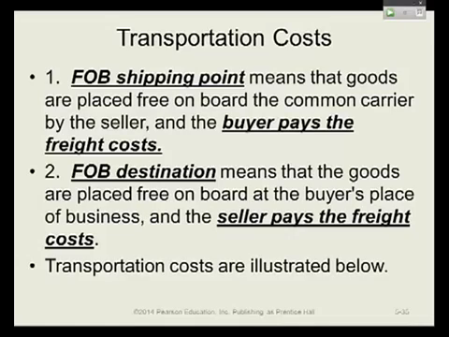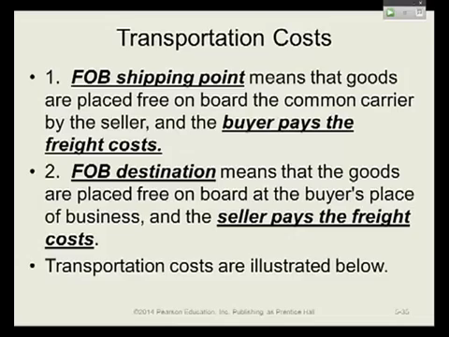Risk of loss now belongs to the buyer. If it's FOB destination, the seller will pay the freight. The seller is legally responsible. It still has title. Title doesn't pass until the shipment reaches the buyer's location. So in this case, the risk of loss remains with the seller.